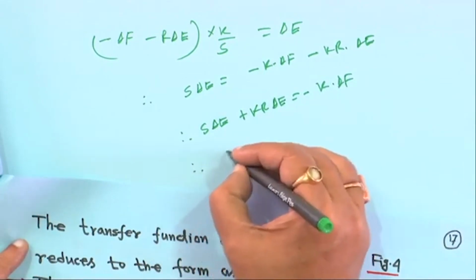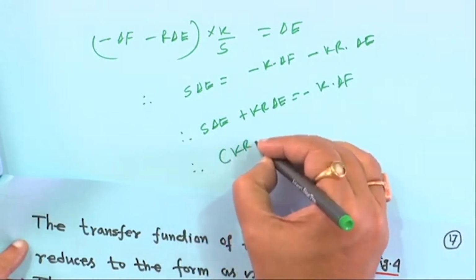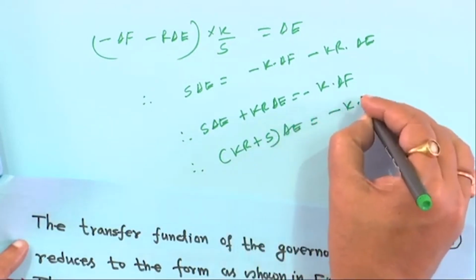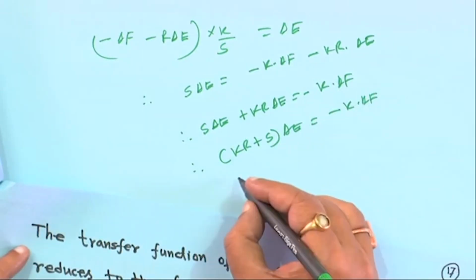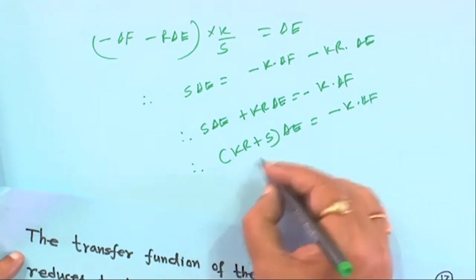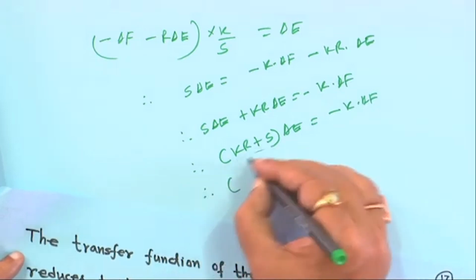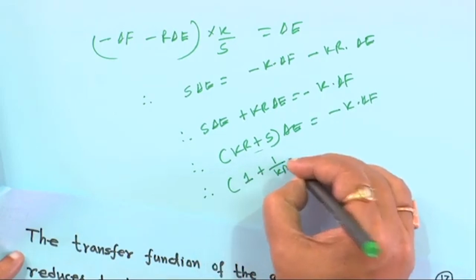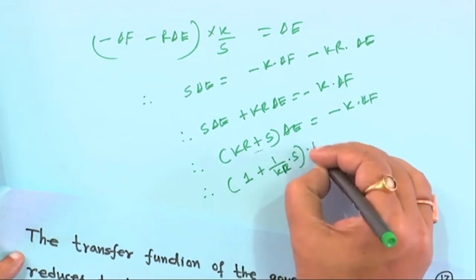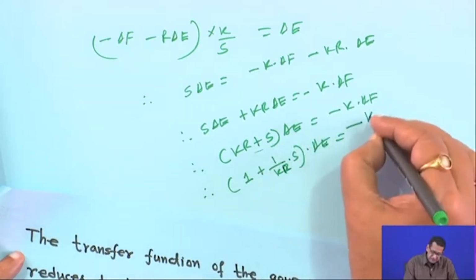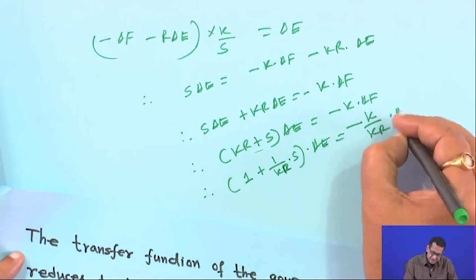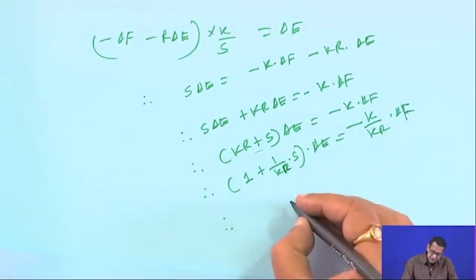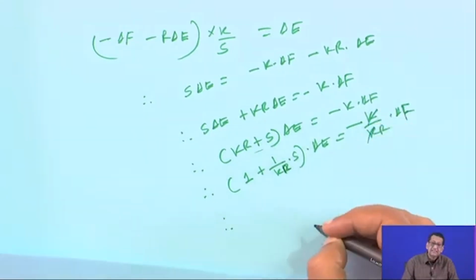Therefore, you take delta E common. So, K R I am writing first, plus S, delta E is equal to minus K into delta F. Now, both sides you divide by K R. So, it will be 1 plus 1 upon K R into S, into delta E is equal to minus K upon K R into delta F, and this K will be cancelled.